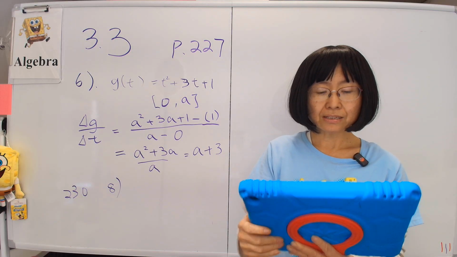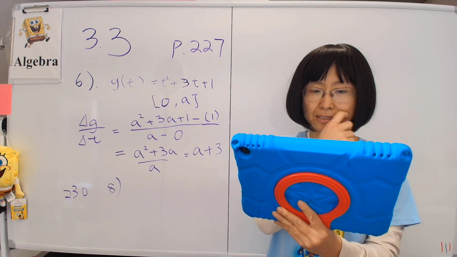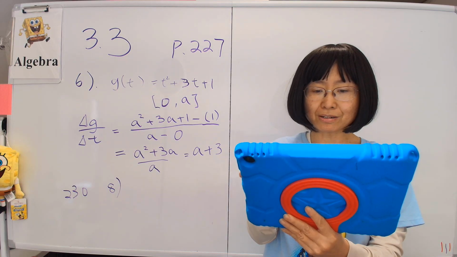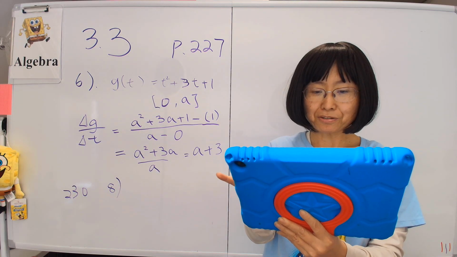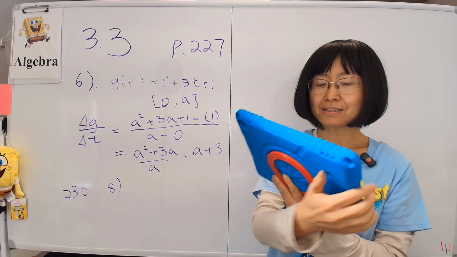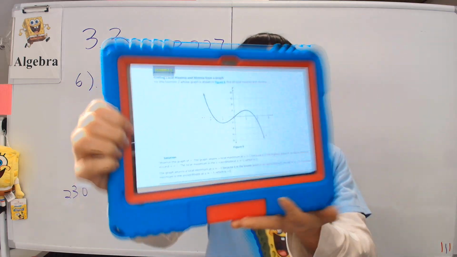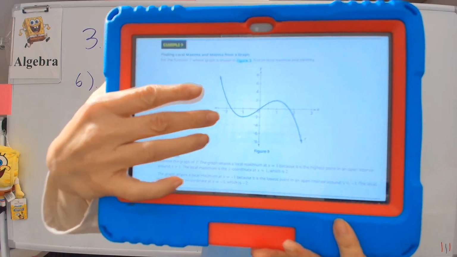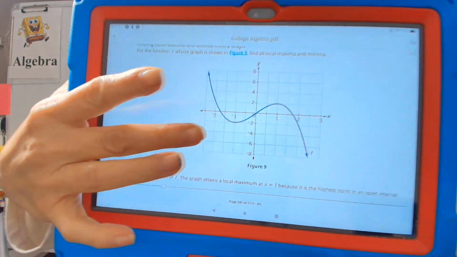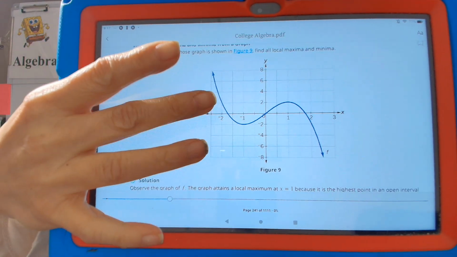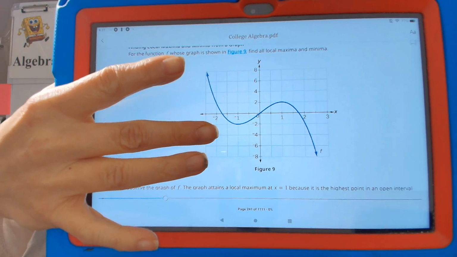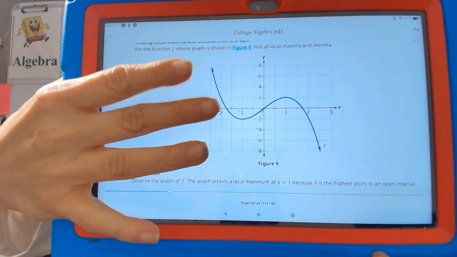Next, let's look at example 9, which has a far better view of things. This is a much clearer graph, and you don't need a calculator for this problem either. We have a minimum there, right? It seems to be x equal to -1 and y is -2. That's a local minimum.